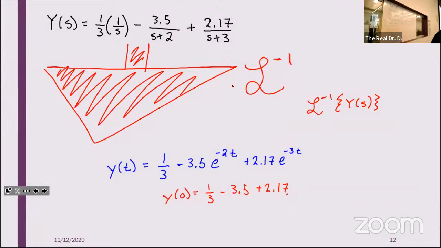What do we end up with? -1, right? Which checks with our initial conditions, and it should.